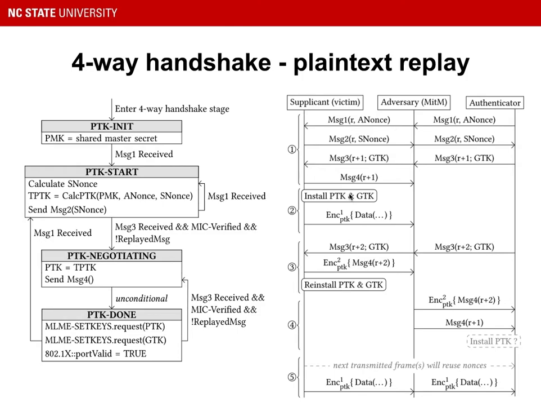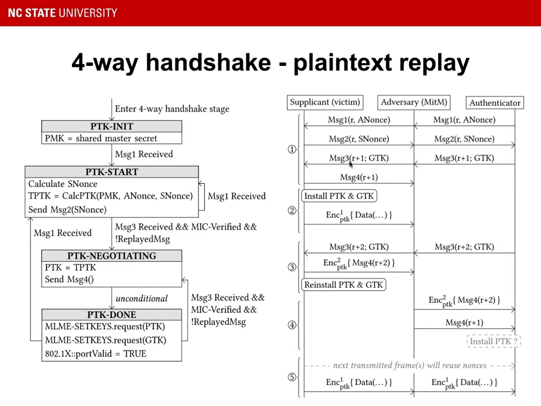In this simplest case, upon receipt of message 3 with the GTK inside it, the supplicant installs the PTK and the GTK, but then the attackers will stop the message 4 sent by the client from arriving at the AP, and they will also stop the regular data communication from the supplicant to the authenticator.